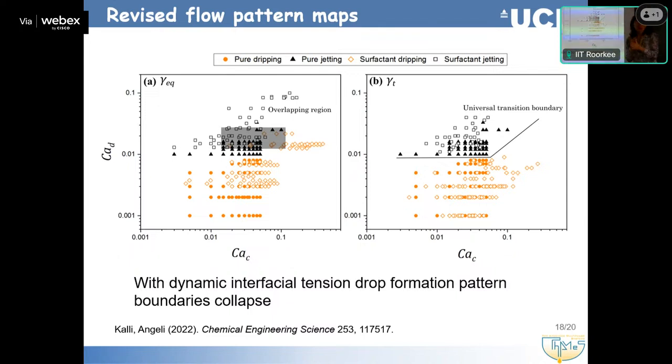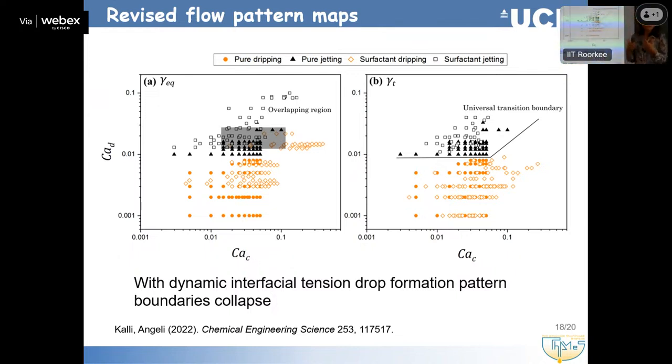When we do flow pattern maps, we really want coordinates that cover as many conditions as possible, where the boundaries between the different patterns are clear. This is like a reference. You can also fit a line, you can use it in some sort of modeling to say that above a capillary number of this, I have this regime, below I have this regime. You cannot do that here.